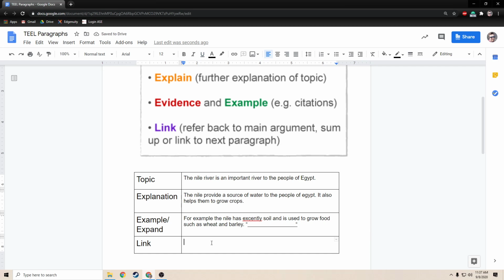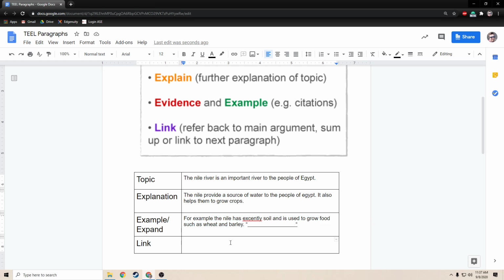At the final sentence in the paragraph, you either link it back to the start of your topic sentence, or if you are writing an essay, you connect it to multiple paragraphs. So we're going to link this back to the beginning here. Our beginning in the topic sentence was the Nile River is important to the people of Egypt. We have explained what it does. We have given examples.